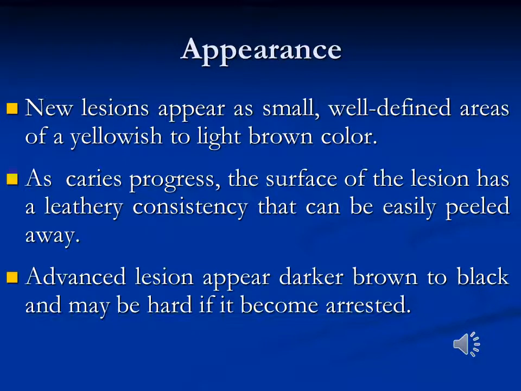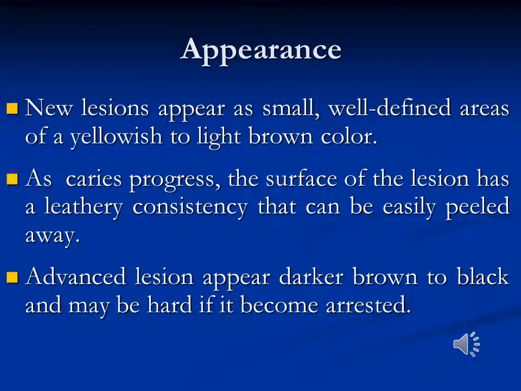Appearance of the lesion. The newly formed lesion appears as a small, well-defined area of a yellowish to light brown color. As caries progresses, the surface of the lesion has a leathery consistency, which means it can be easily peeled away, easily removed.